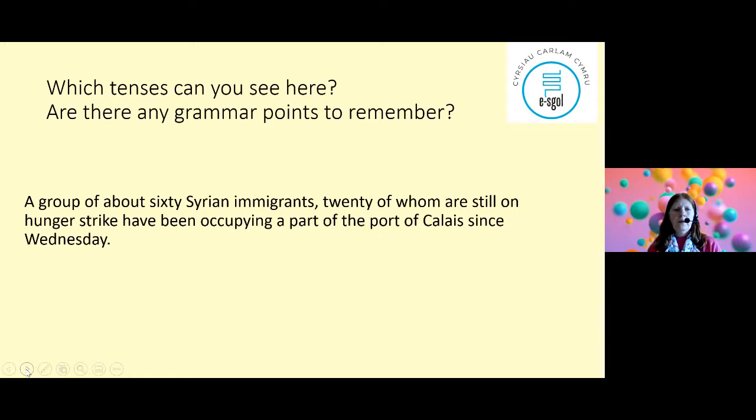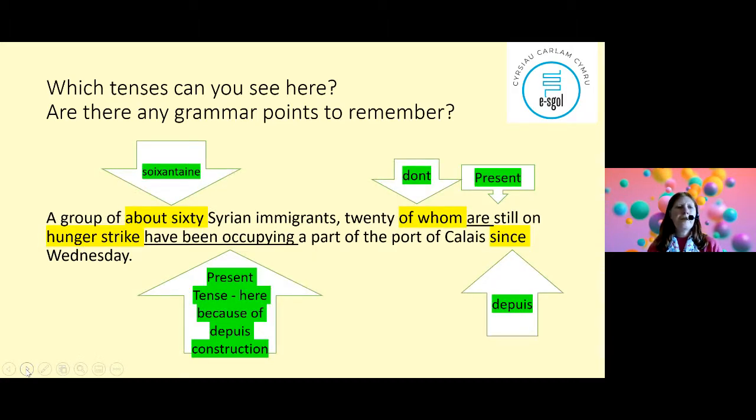Now, let's have a look at this in a little bit more depth. So on the screen in front of you now, you will see that I have highlighted certain things, and then I've underlined certain things as well.